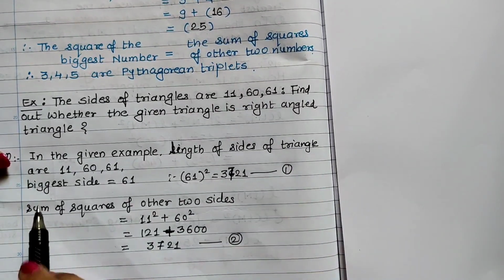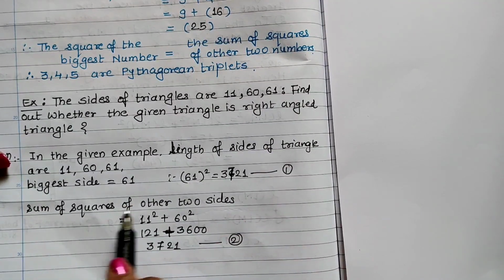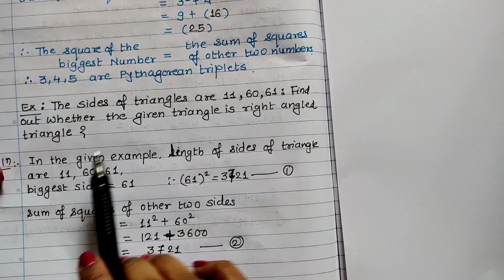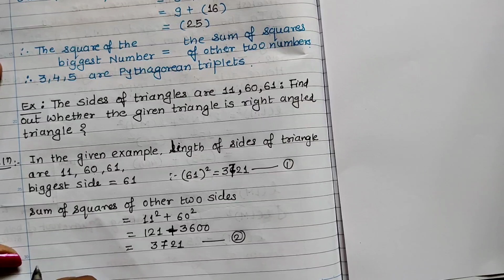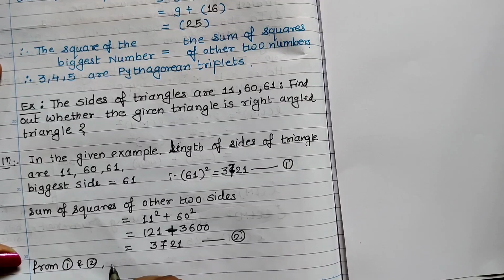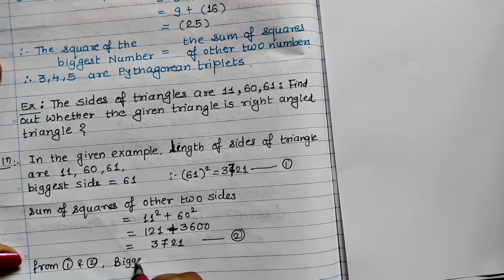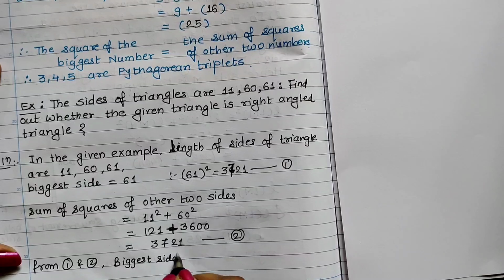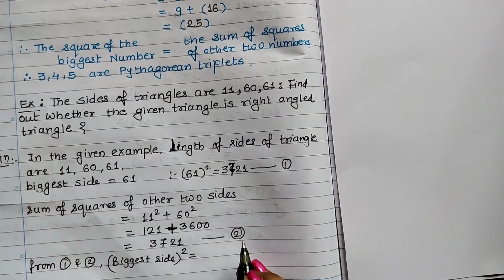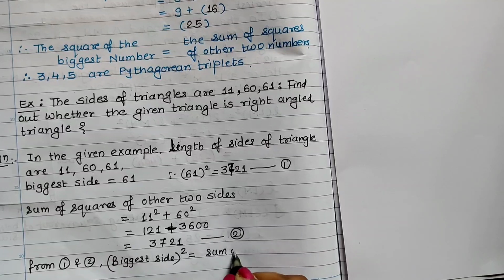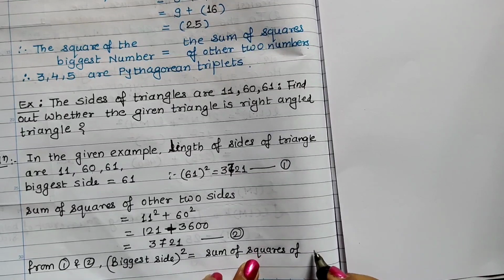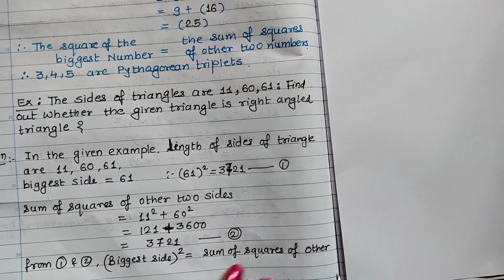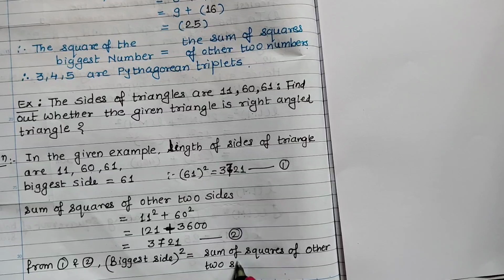From 1 and 2 what can we see? The biggest side square is equal to the sum of squares of the other two sides, and therefore these are the sides of a right angle triangle. From 1 and 2 what can we write? Biggest side square is equal to the sum of squares of the other two sides.